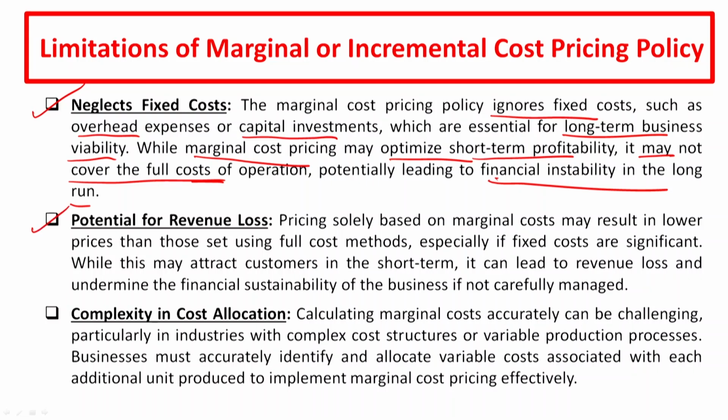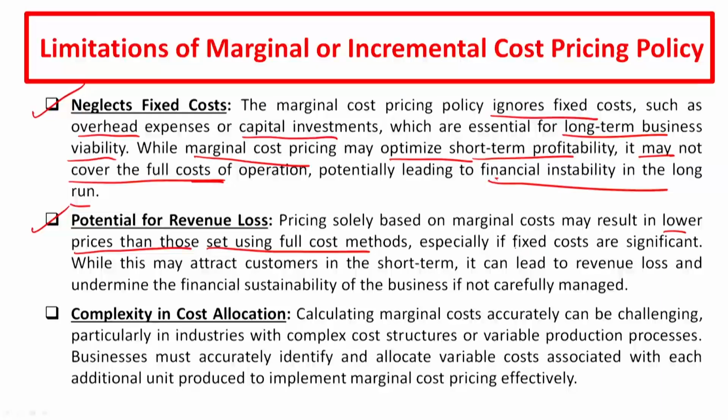The second is the potential for revenue loss. Pricing solely based on marginal cost may result in lower prices than those set using full cost method, which means here the focus is on marginal cost, which might result into losses for the firm, especially if the fixed costs are significant or important in certain cases.